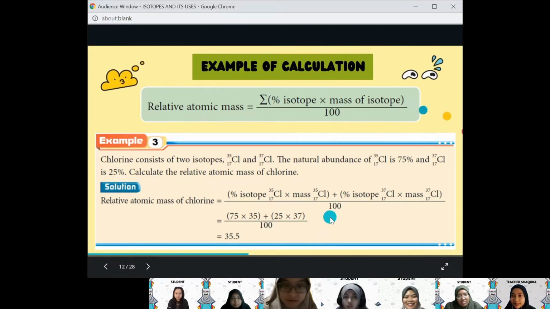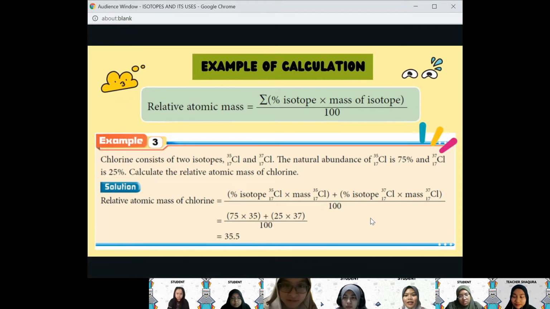Can I try, Miss? Yes. I think 35 comes from the sum of number of protons and number of neutrons, so we also call it the atomic mass. Yes, correct.